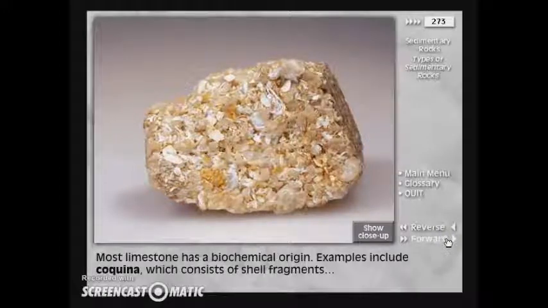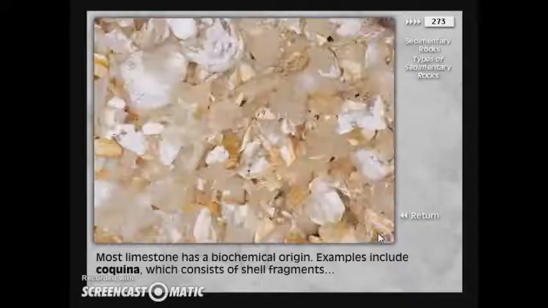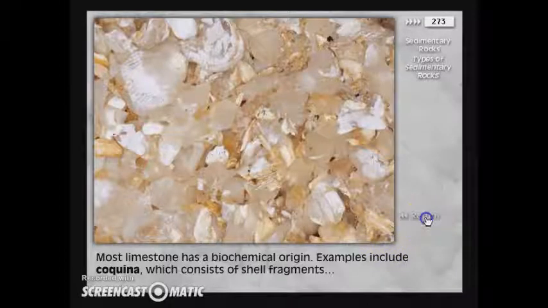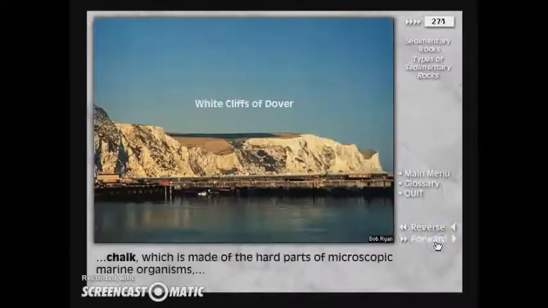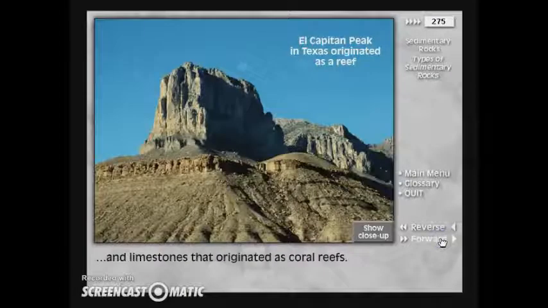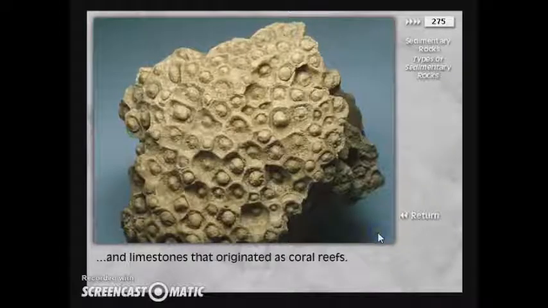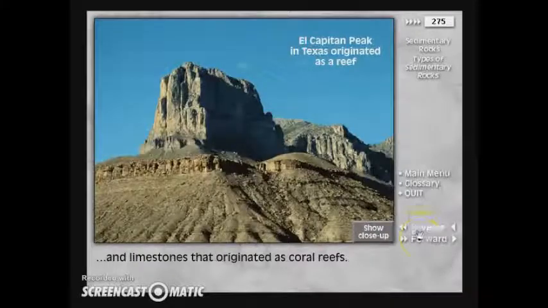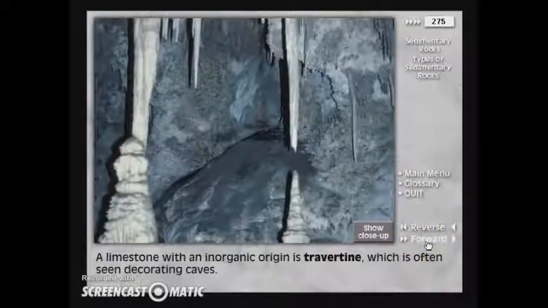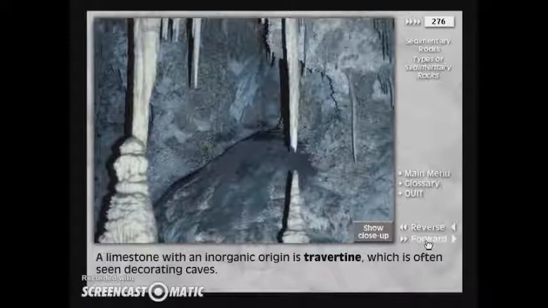Examples include coquina, which consists of shell fragments, chalk, which is made of the hard parts of microscopic marine organisms, and limestones that originated as coral reefs. A limestone with an inorganic origin is travertine, which is often seen decorating caves.